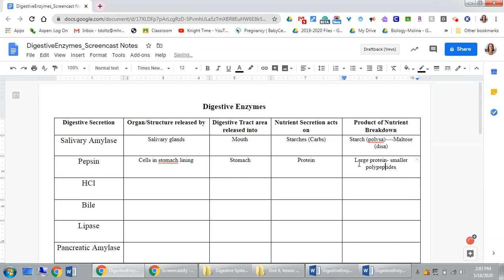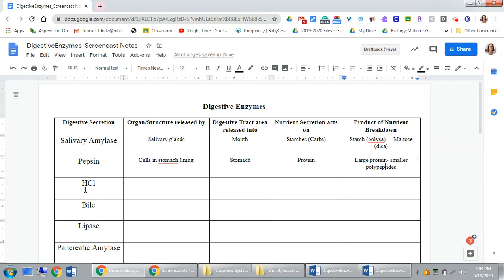So we're going to take pepsin, produced by cells in the stomach lining, released into the stomach. They're made in the stomach, used in the stomach, and act on protein. It's going to break the large proteins into smaller polypeptides, or we could say small proteins.